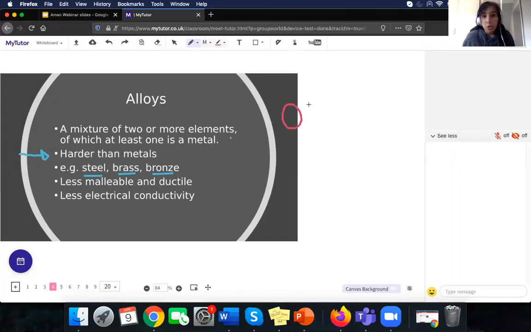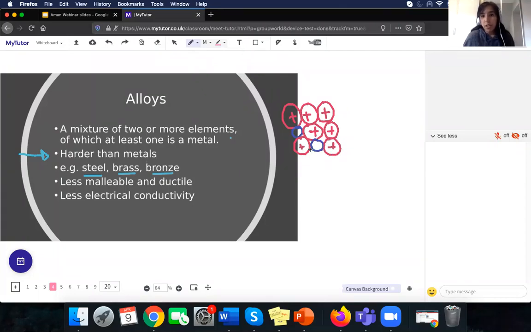So let's say these are our iron ions, these are our positive ions. And then let's say we've got a particle of carbon in there, and then we've got more ions, and then another particle of carbon, and another ion.